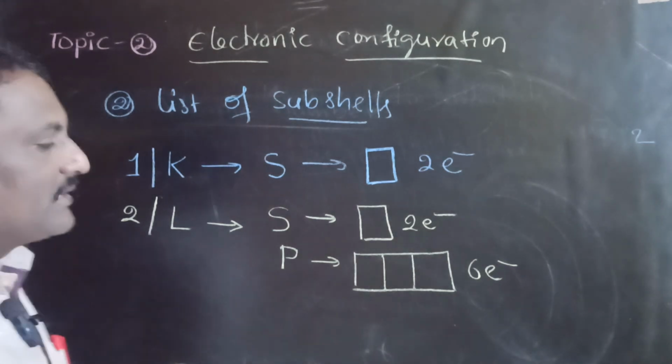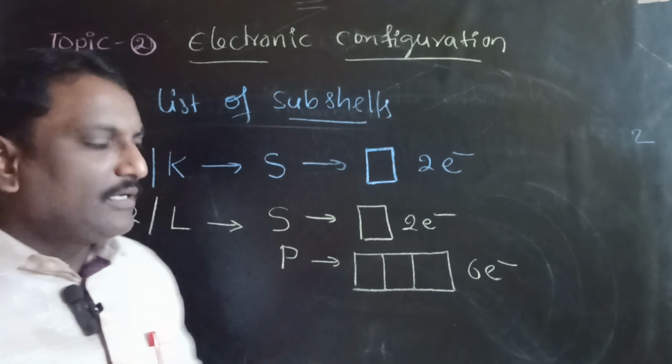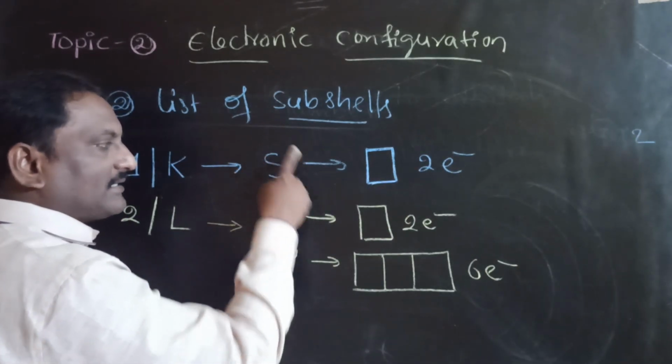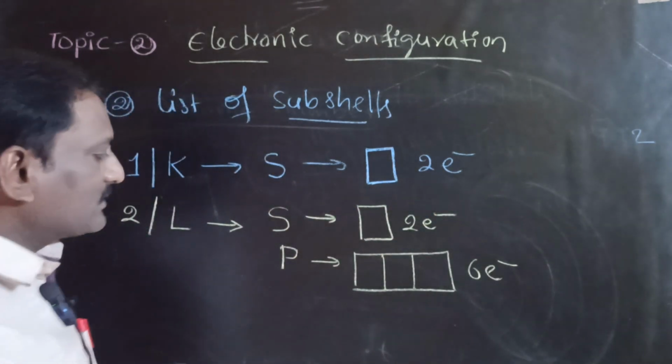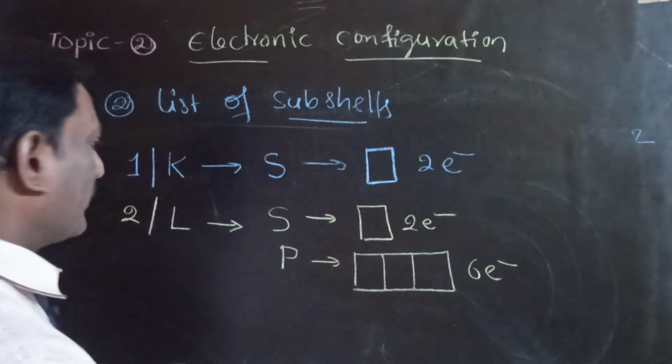I said in case of birthday, in the list of students, those names started with letter S get only 2 chocolates. In case of an S orbital, we should fill only 2 electrons. In case of the P subshell, we should fill 6 electrons. Please keep that point in your mind.